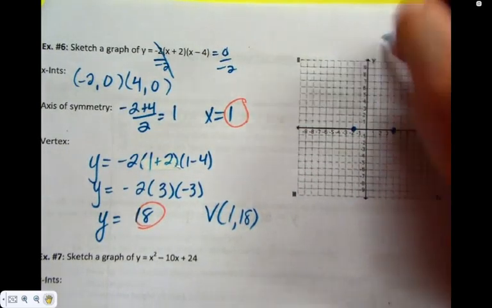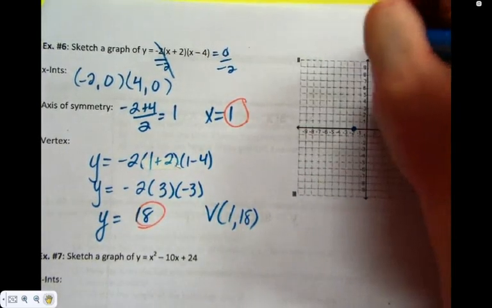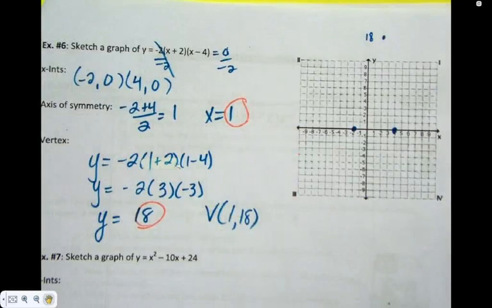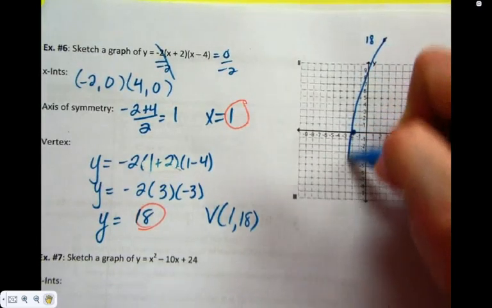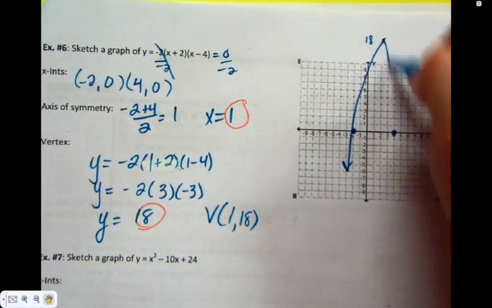So when it's off the graph, I'm just going to put it up here and mark 18 beside it. So that shows the person marking that you understand it's above the graph somewhere at 18. Now what? Draw it. Don't forget, arrows on both sides.